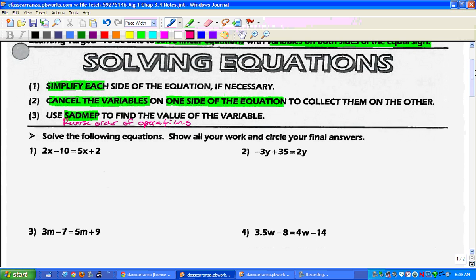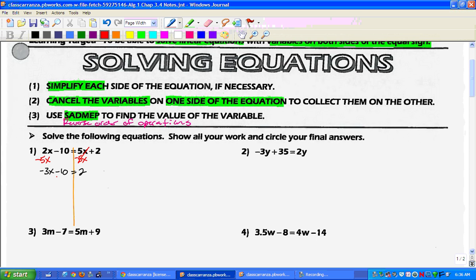All right. So for problem number 1, I'm going to draw the line down the middle. We cannot simplify, so step number 1's already done. We're going to cancel the variables on one side, and we talked about how we're going to move them to the left. Those cancel. 2 minus 5 is negative 3x minus 10 equals 2.